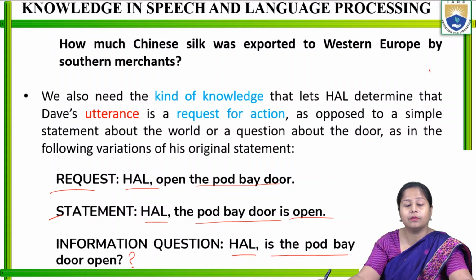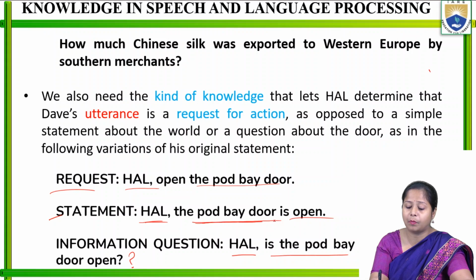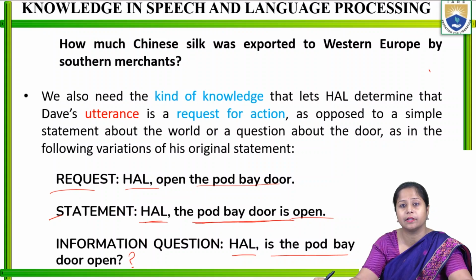For the statement, somebody is just saying something and we just have to interpret it: "HAL, the pod bay door is open." Then coming to the request, Dave is asking "HAL, open the pod bay door." He is giving an instruction to the HAL conversational system, and the system has to interpret this sentence and give some answer out of that.